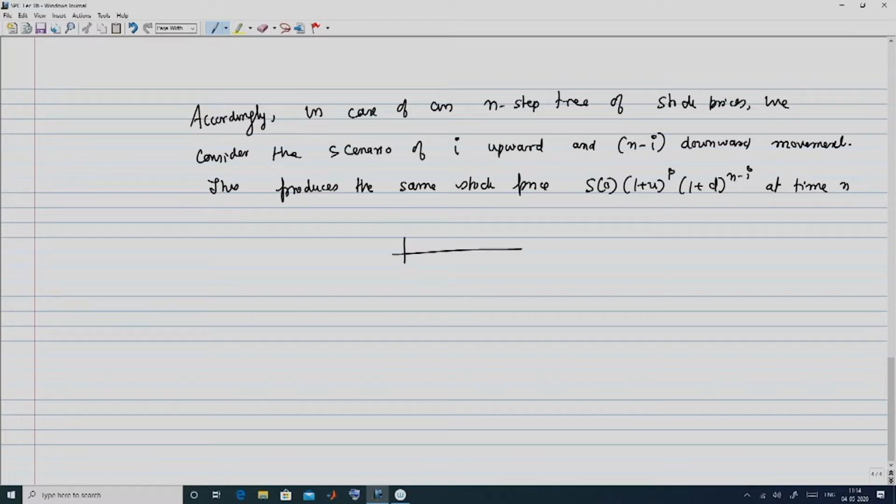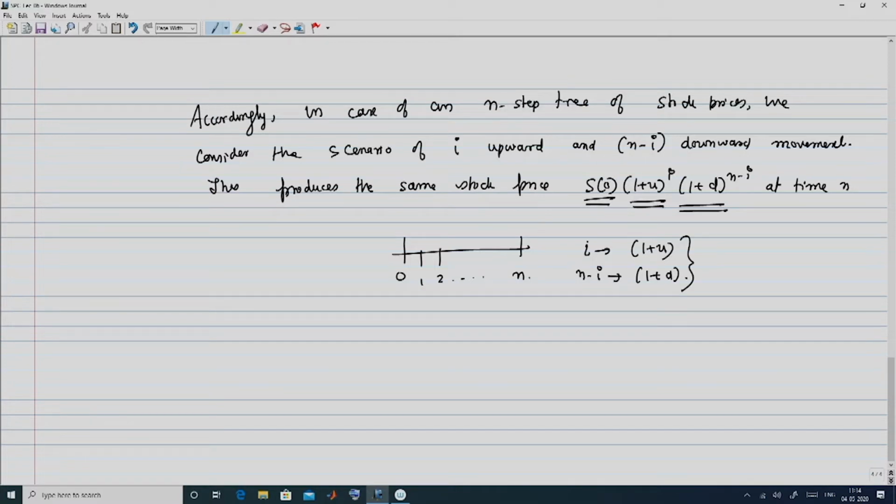So, this means that say you have this time interval 0, 1, 2 all the way to time point n, and as we move from 0 to n, while reaching there you will basically have I number of cases of 1 plus u's, and you will have consequently n minus I number of cases of 1 plus d movements. And so, consequently the stock price is then going to be S0 into 1 plus u raised to I into 1 plus d raised to n minus I, where your I can be 0, 1, 2 all the way to n.